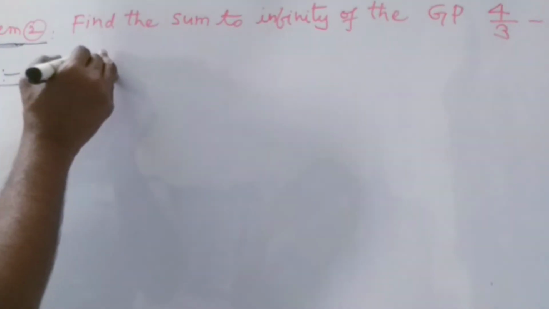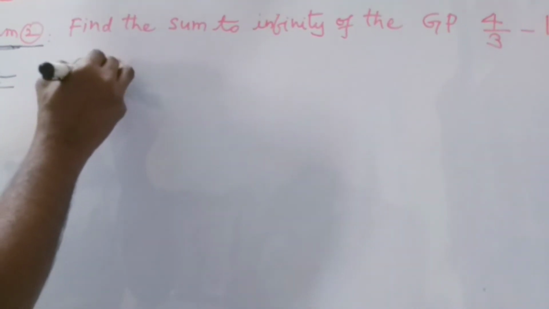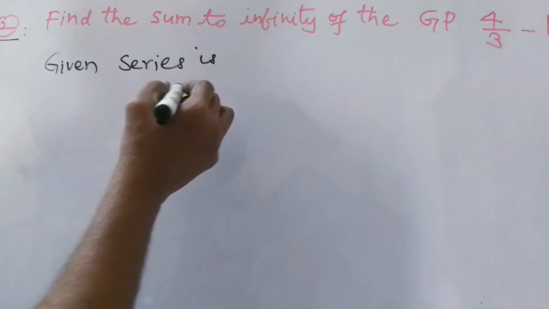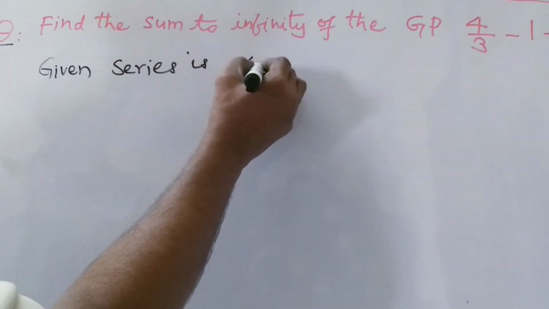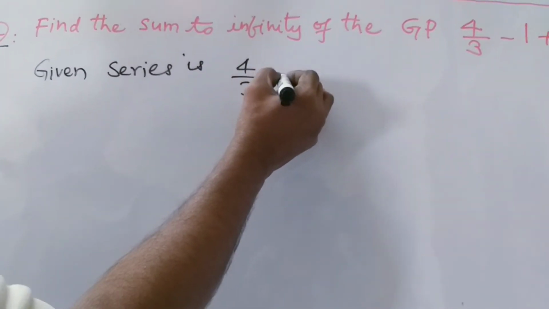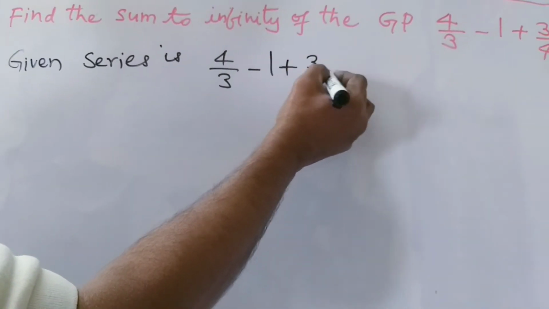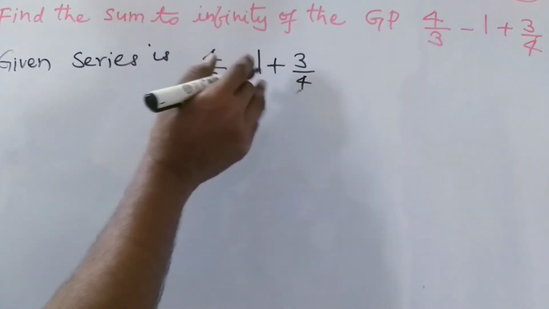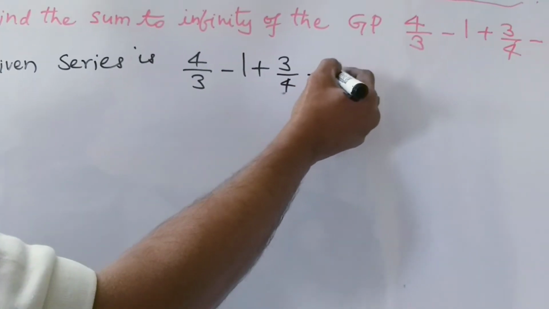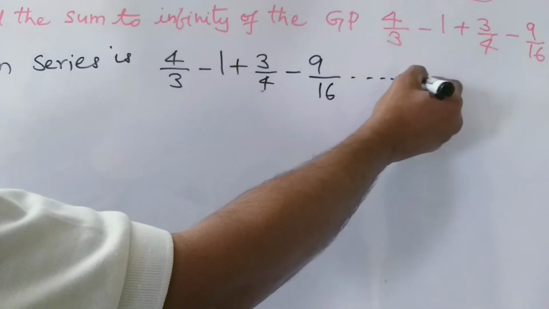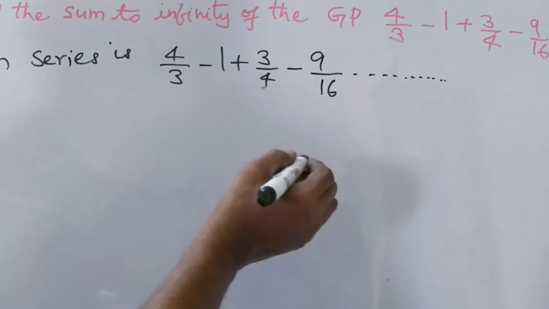Given series is 4 by 3 minus 1 plus 3 by 4 minus 9 by 16 and so on up to infinity terms.